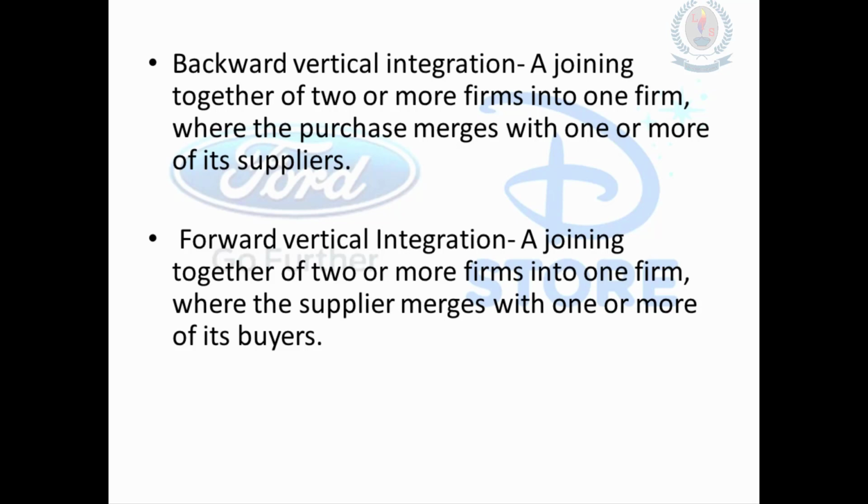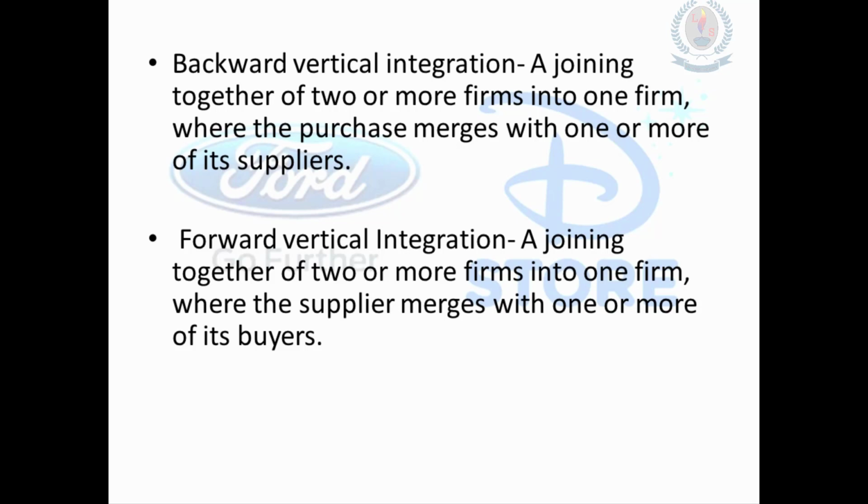Forward vertical integration involves a supplier merging with one of its buyers, such as a car manufacturer buying car dealerships or a confectionery manufacturer buying a candy or sweet shop.